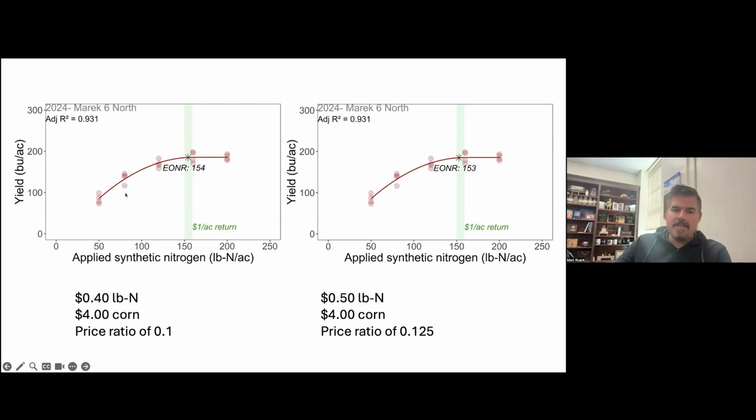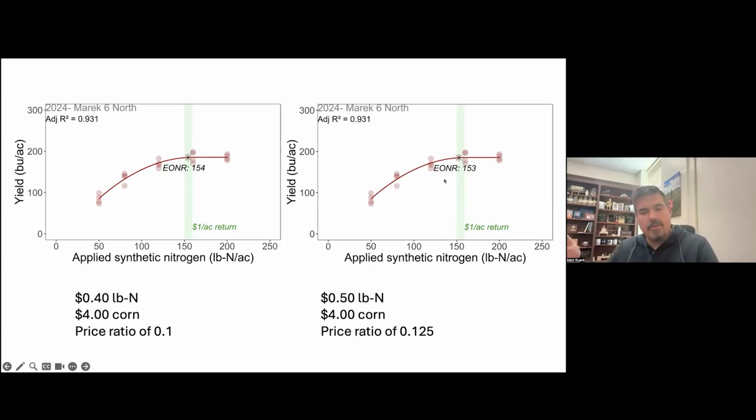Now in this really good response curve that we're starting with, and don't hope that you'll get a curve like this, don't get your hopes up, but curves like this can happen. Really good curves can happen. It was only about 1 pound of nitrogen difference. Even if nitrogen got a little more expensive, the EONR didn't really change that much in this scenario.